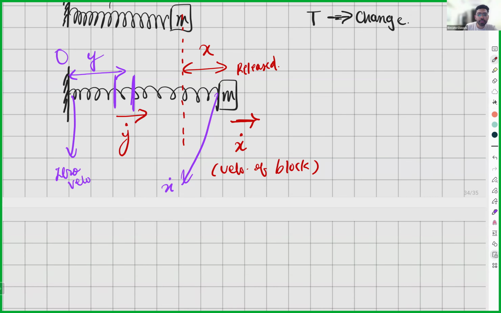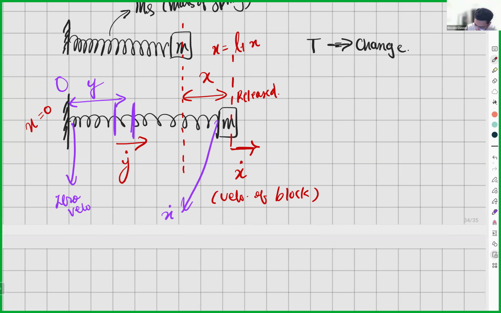If you have a linear increase of the velocity from the support to the block, let us say the length is l plus x, or you take the amplitude, l plus a. Whatever. So let us say the velocity of spring is y dot.